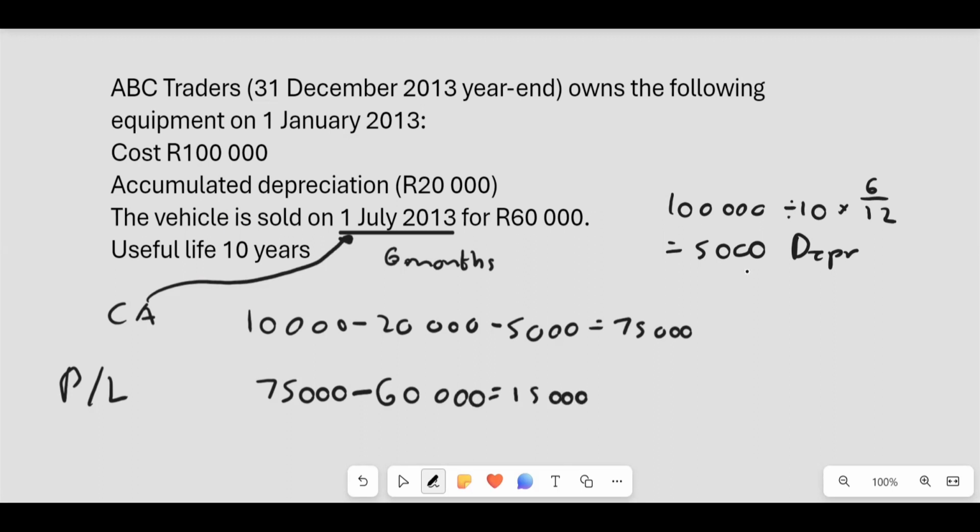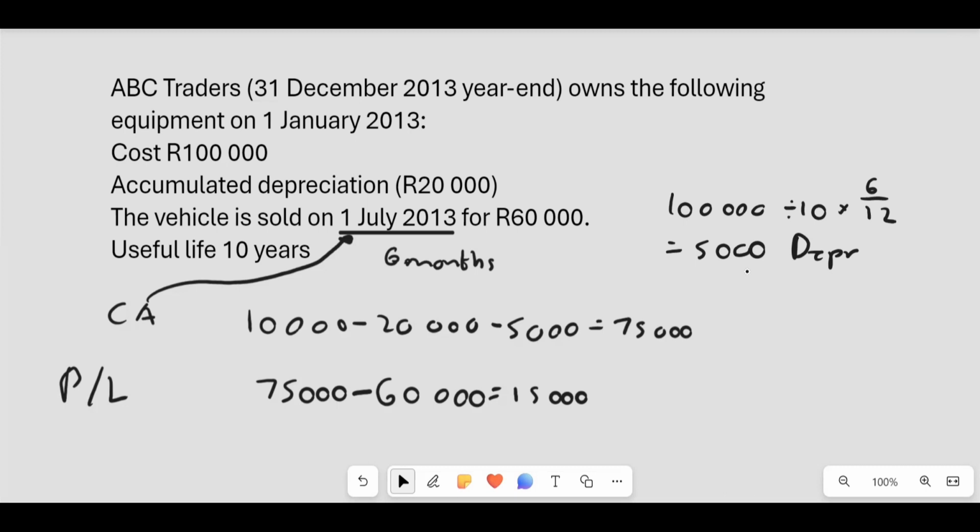From looking at it, if we receive less money than what we have valued our asset for, we are making a loss, right? So we are making a loss of 15,000.